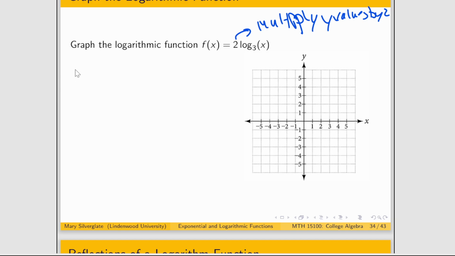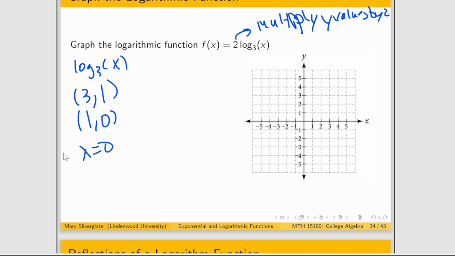So in particular, if on the original log base 3 of x, you have the points 3, 1 and 1, 0, and a vertical asymptote at x equals 0, well, for 3, 1, we're going to keep the x the same, and then multiply 1 by 2, which gives us 2. For 1, 0, we keep the x the same, and when we multiply 0 by 2, that's still just 0.